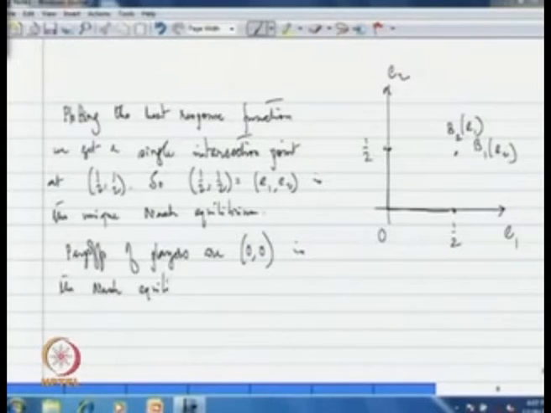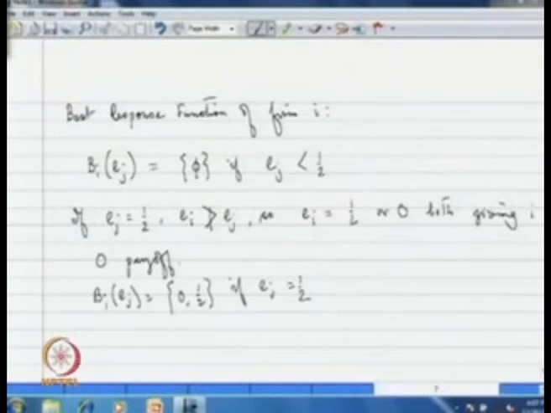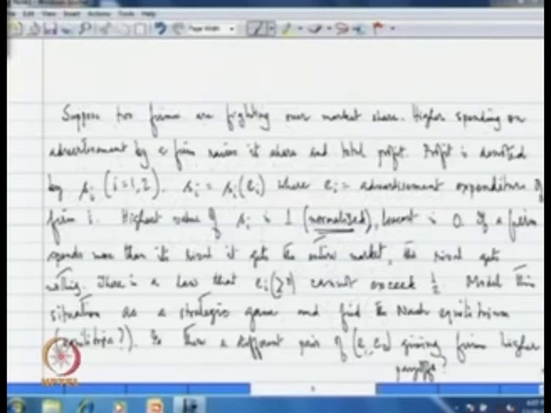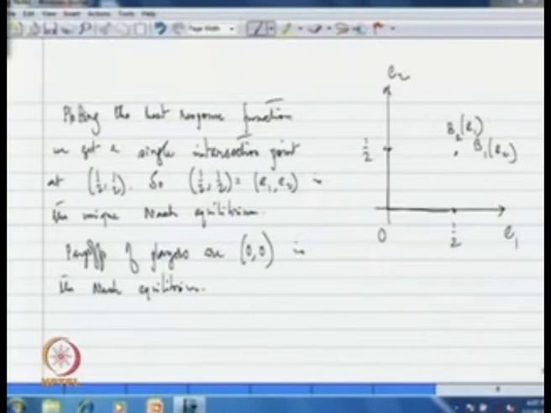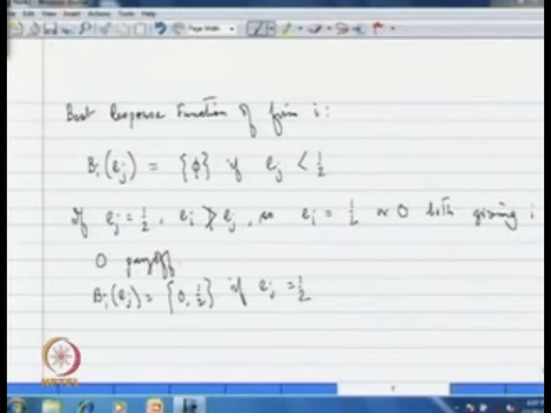Because both are choosing their highest possible advertisement expenditures, and the market is getting shared, and the payoff is becoming half minus half, therefore 0. Is there any other pair which gives the players better payoff than the Nash equilibrium payoff? Is there a different pair E1, E2 giving the firms higher payoff? It appears that there is at least one pair.